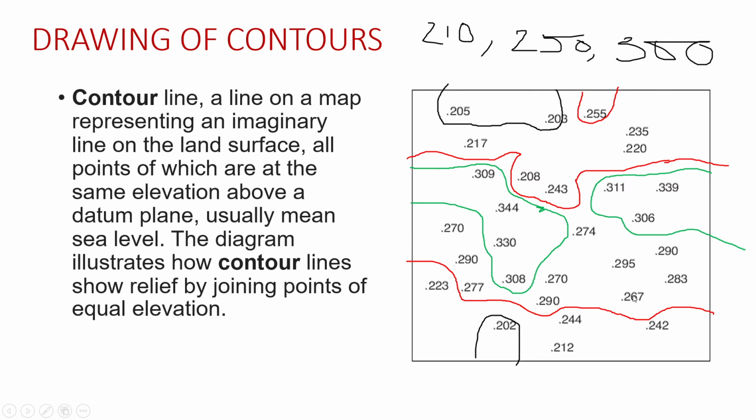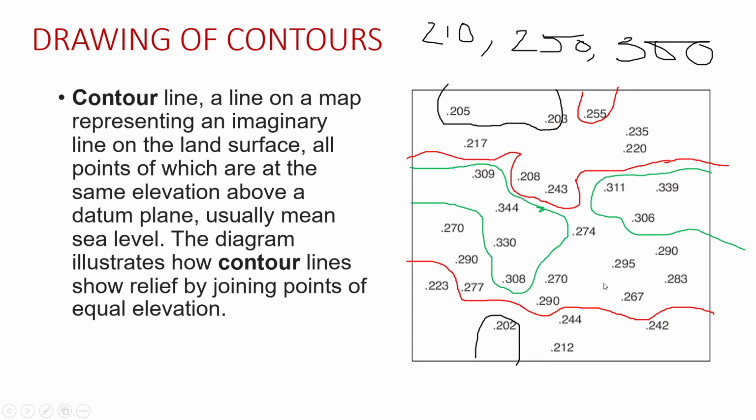You can see this is less than 250, again this is less than 250, right? And next is 300. Now with 300, you can also check that the values inside the green zone are more than 300 and outside the green zone are less than 300.